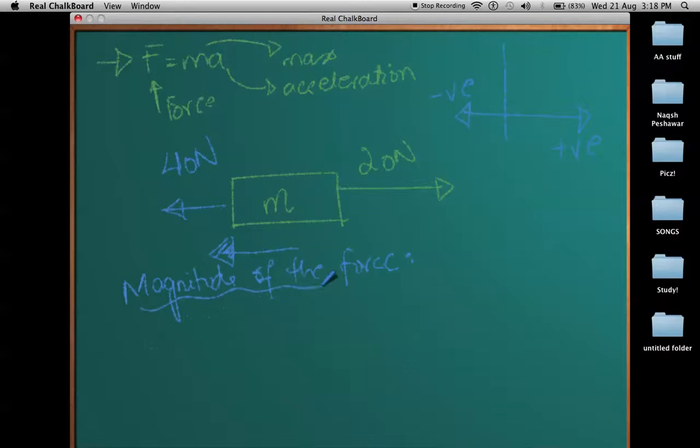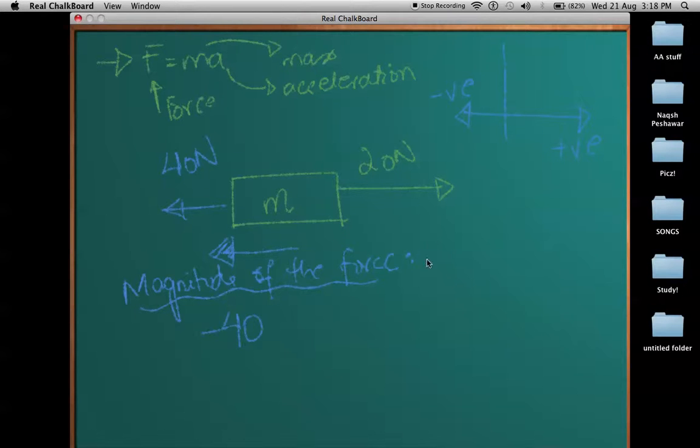We know that the force going on the left hand side is a negative force because we have just fixed this for this example. So we'll take this as minus 40. And the force going on the right hand side is a positive force.